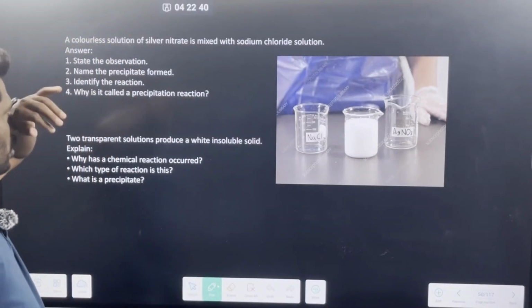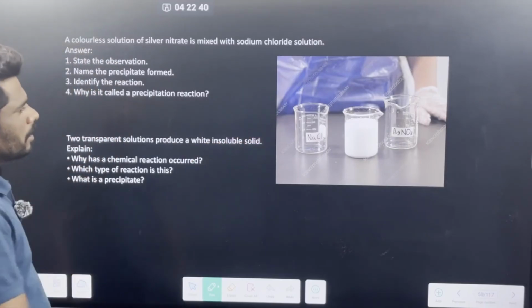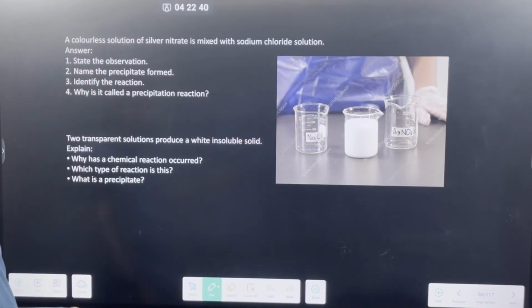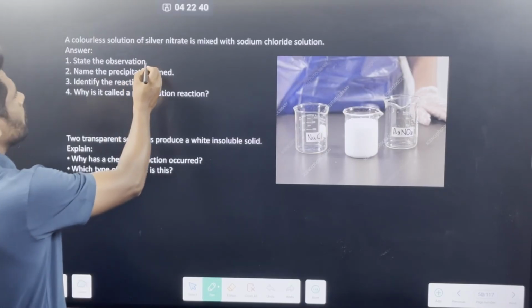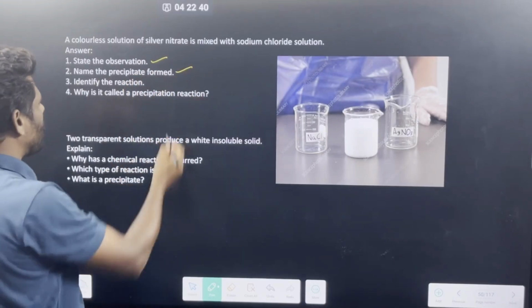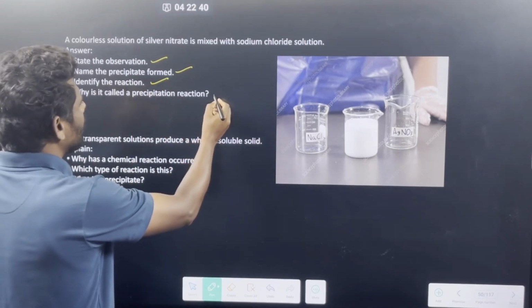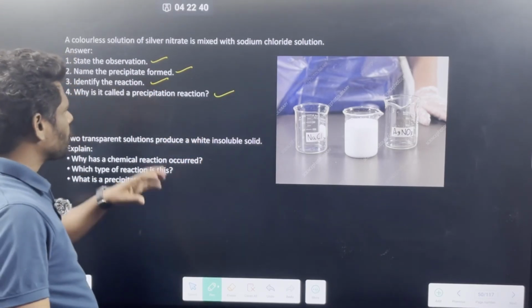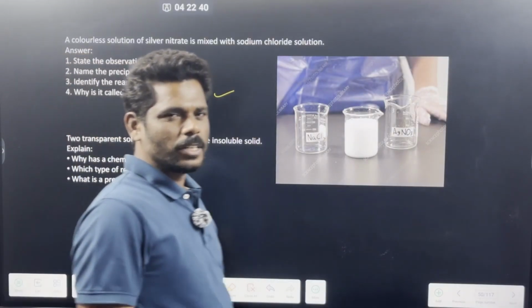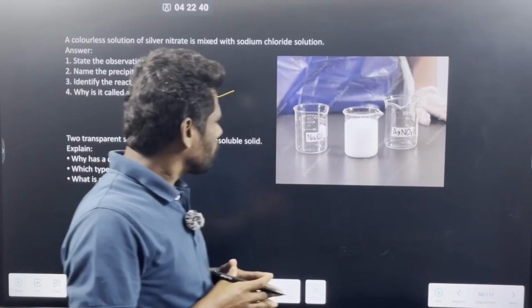A colorless solution of silver nitrate is mixed with the sodium chloride solution. That is the activity. Now there are few questions related to the statement. State the observation. Name the precipitate formed. Identify the reaction. Why is it called a precipitation reaction? Of course, just by looking at the question, it looks easy because he is giving the hints in the question itself.